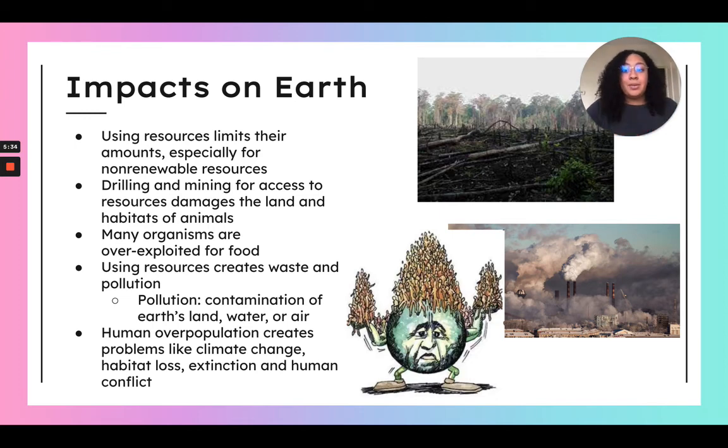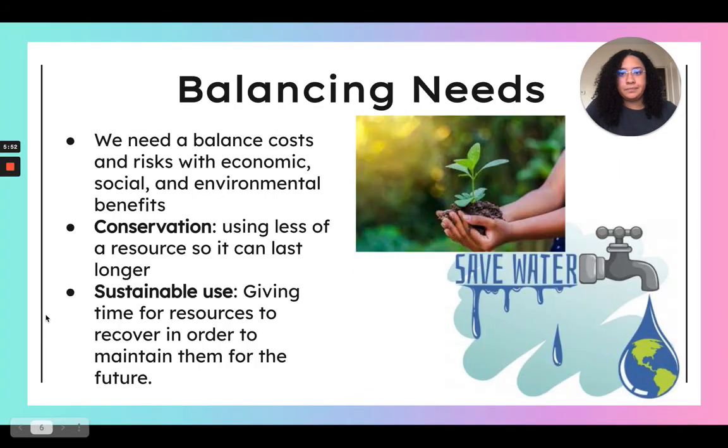And overpopulation creates problems like climate change, habitat loss, extinction, and human conflict, because there's not enough resources, which might create conflict between one another to obtain those resources. So we need to balance these costs and risks with our economic, social, and environmental benefits in order to create a life that we can sustain throughout our future.